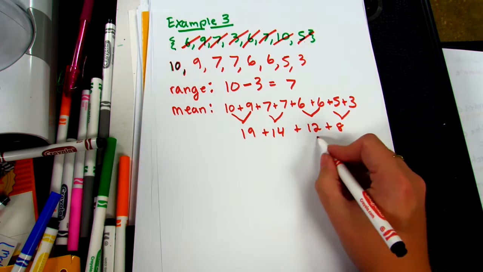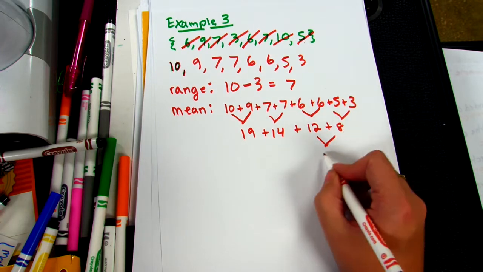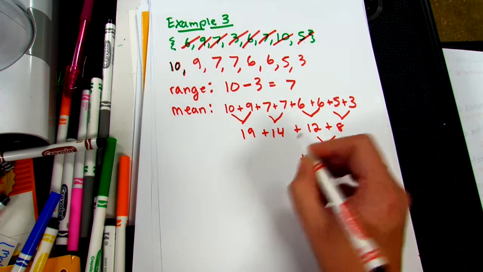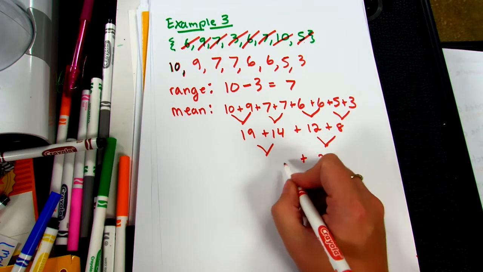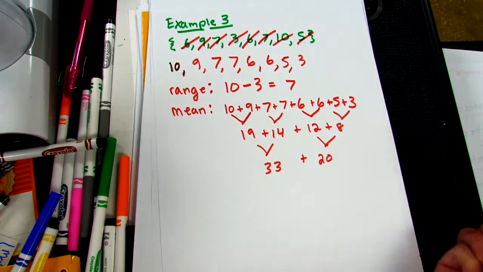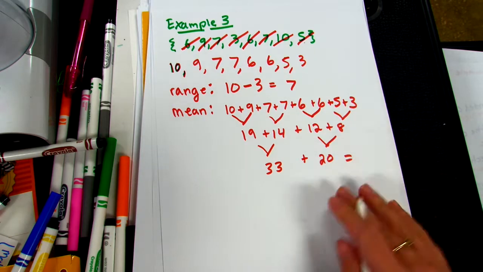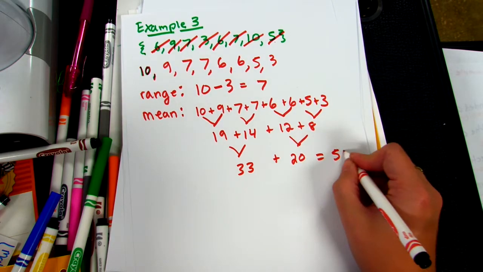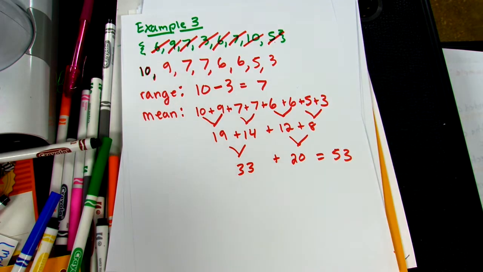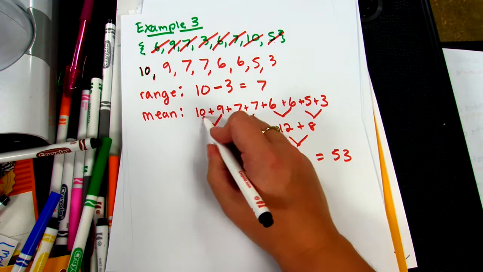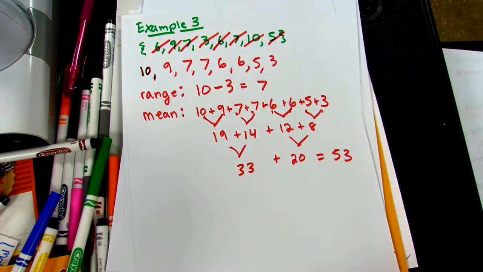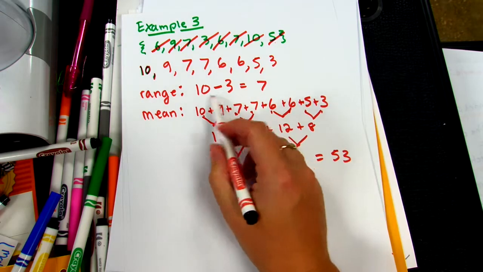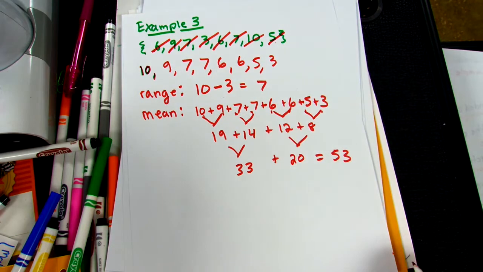Okay, I know that 12 plus 8 is 20, and 19 plus 14 is 33, and then 33 plus 20 is 53. If you want to, you can just add and add however you want to, but you have to add up all the numbers. Okay, so I get 53.